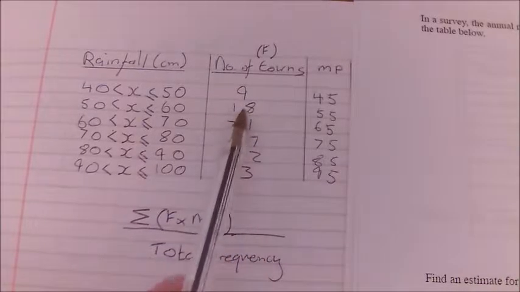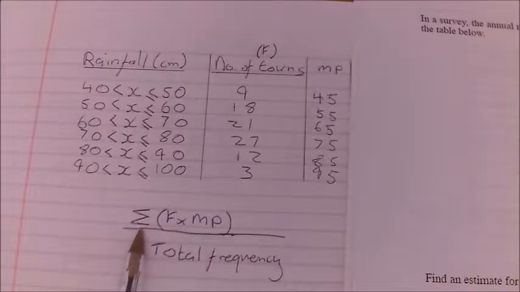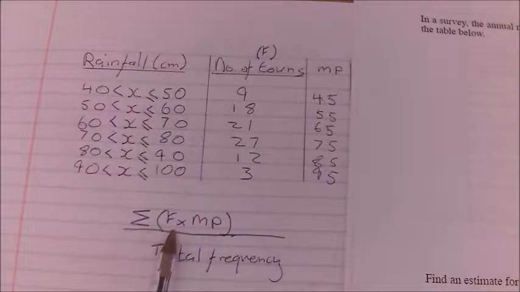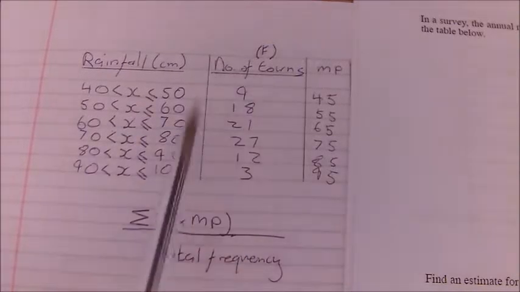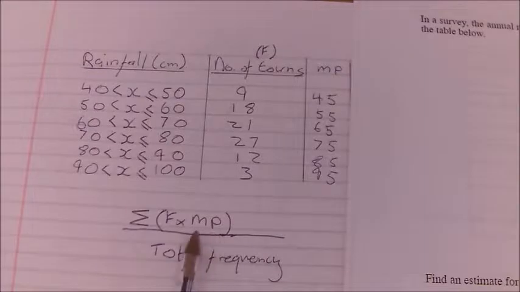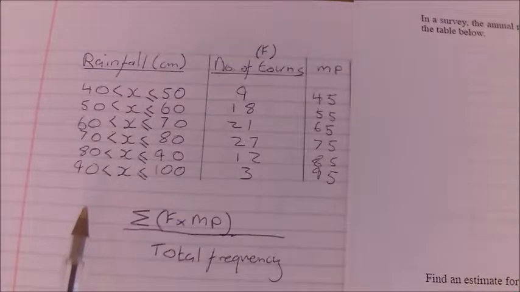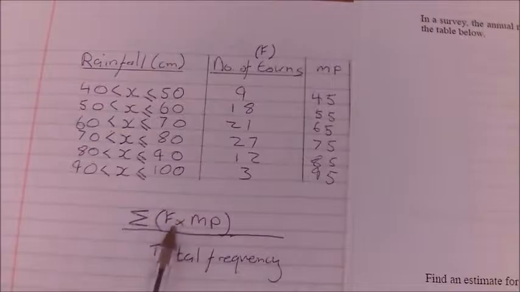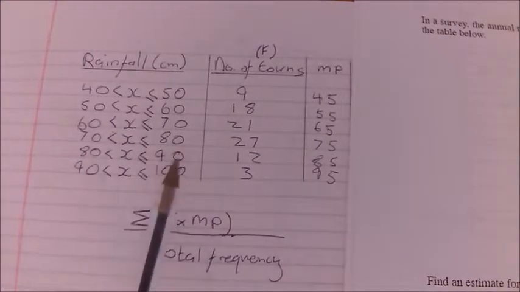We're going to need the sum of frequency, which is the number of towns, times the midpoint, and then divide that by the total frequency. We know that to be 90 because there are 90 different towns in the survey. First, we've got to work out frequency times the midpoint in each row. So I've done that.